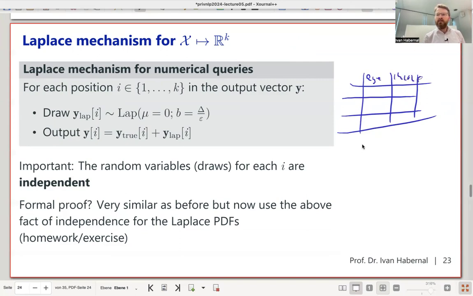And we want to get, let's say, an average. So this is the average, okay? Average age and average income. So for each position, we had k equals 2 here, to be precise. For each position, we need to know the global sensitivity. So correctly compute the global sensitivity.